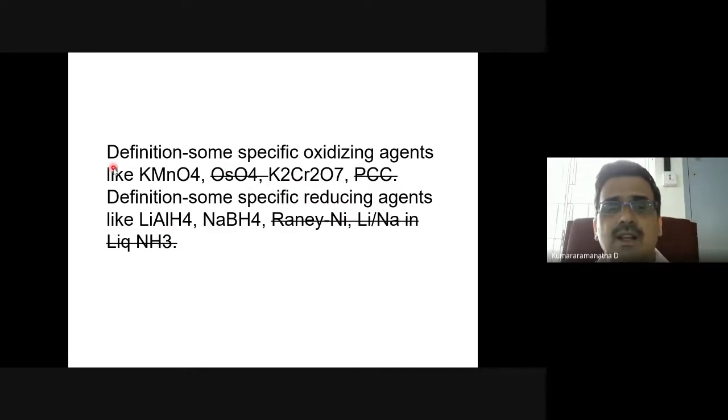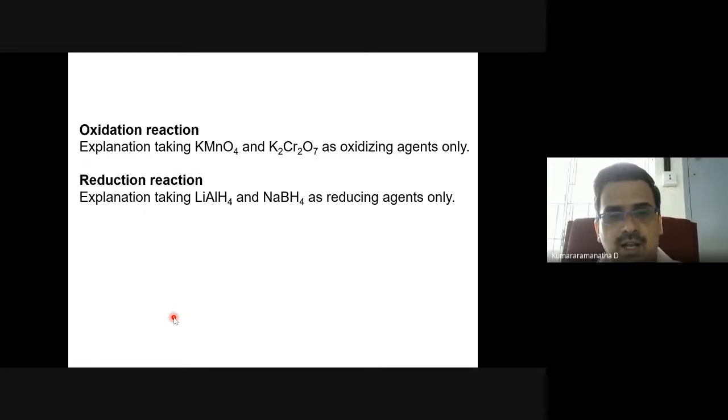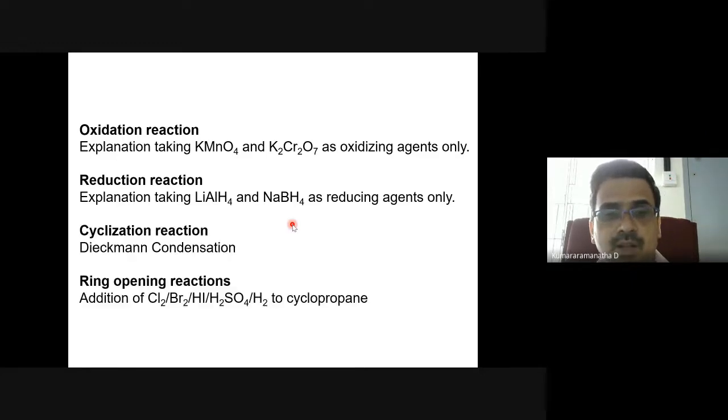But now for your syllabus, you have only potassium dichromate and potassium permanganate as oxidizing agents, and lithium aluminum hydride and sodium borohydride as reducing agents. So this is your syllabus. We are looking at oxidation reduction, taking these examples. One example is sufficient. And later we have these parts, but that we'll discuss in our next class.